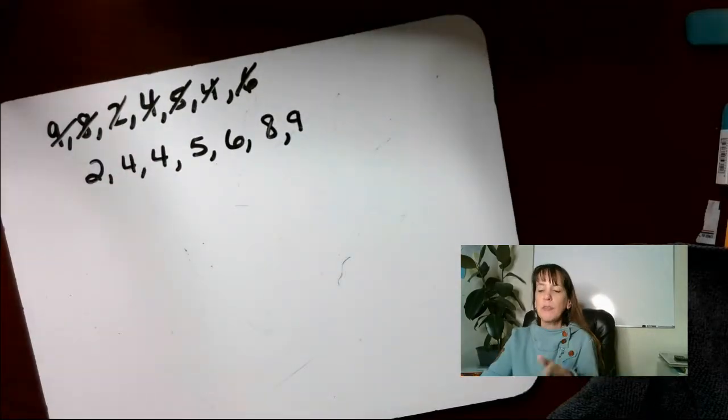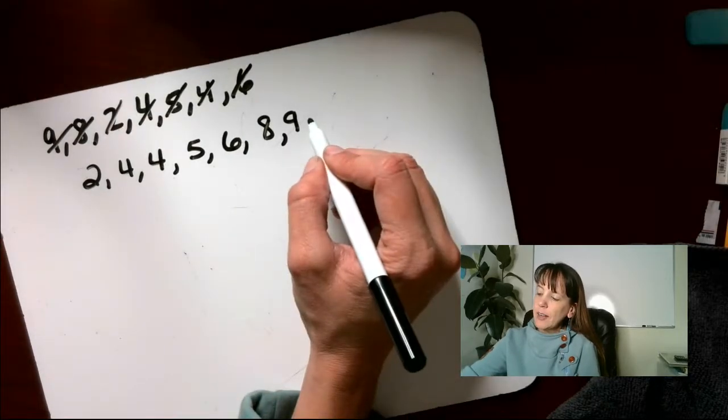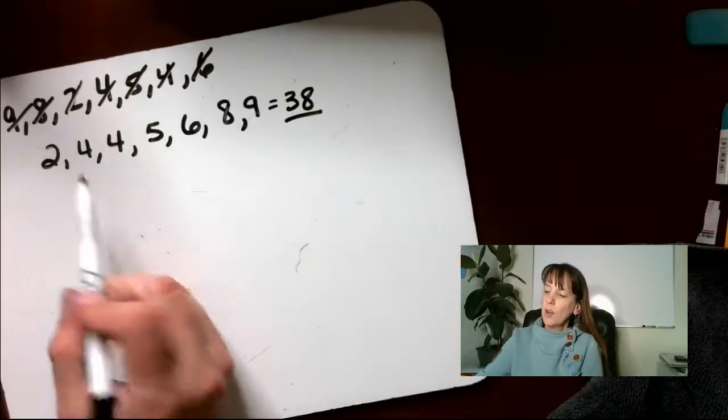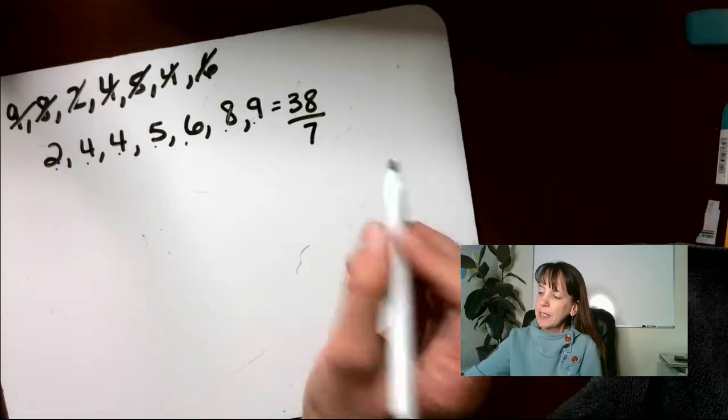So in order to find the mean, first we add them all up and divide by the number of numbers. So 2 plus 4 plus 4 plus 5 plus 6 plus 8 plus 9 all added up gives us 38, but we need to divide that by 1, 2, 3, 4, 5, 6, 7. 38 divided by 7.